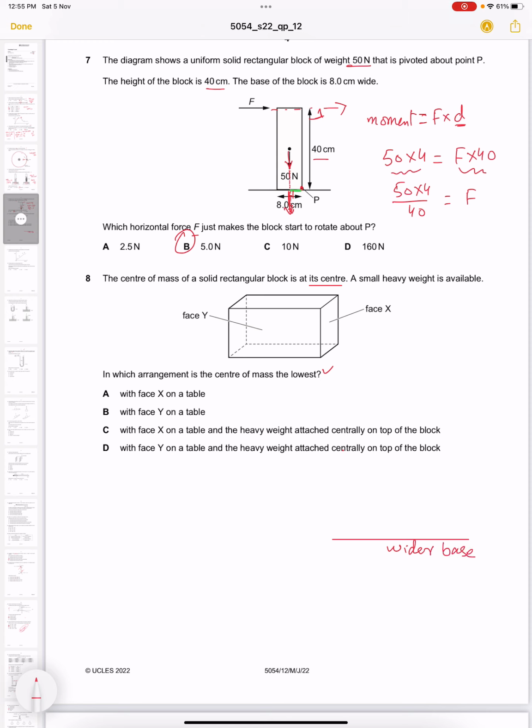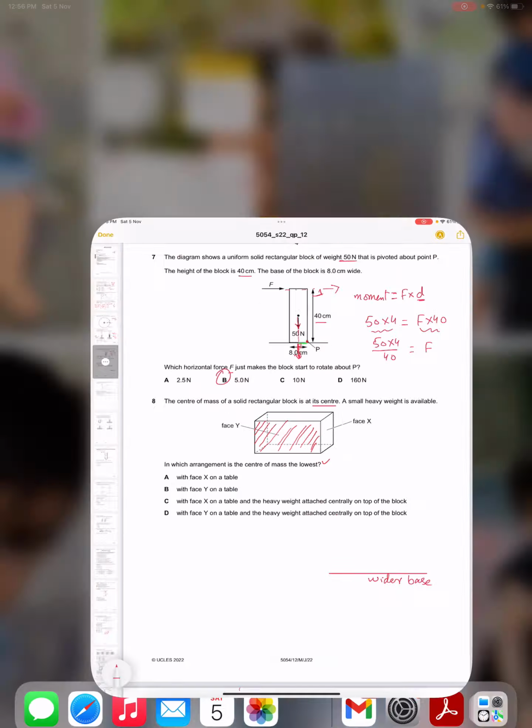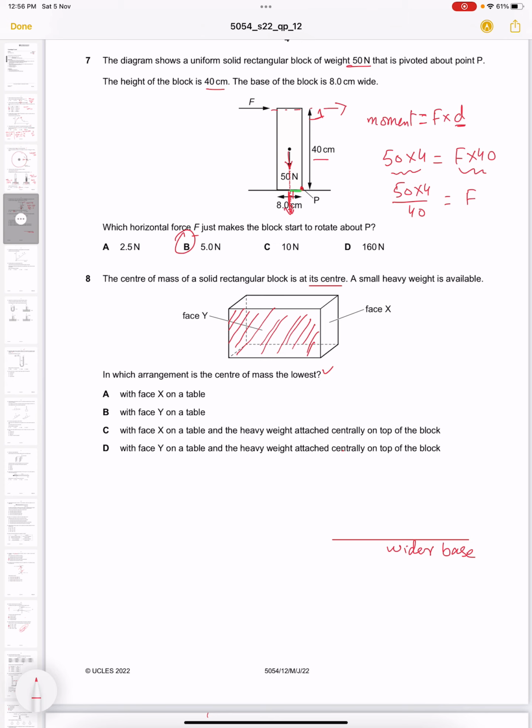The base will be wider when this face, face Y, is on the table. There are two options which have face Y on the table, this one and this one.